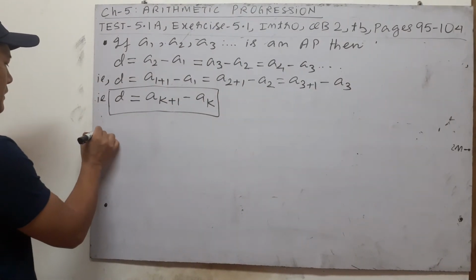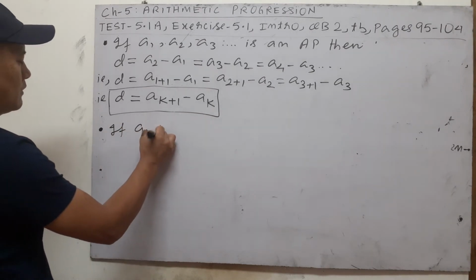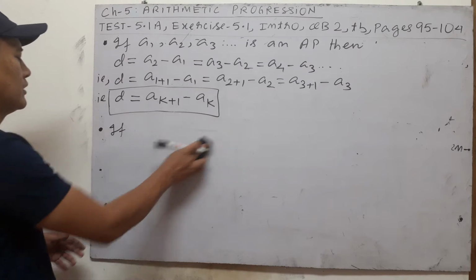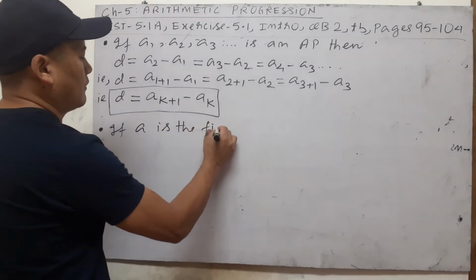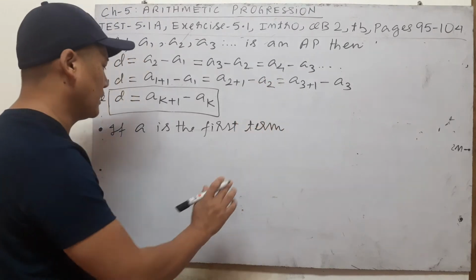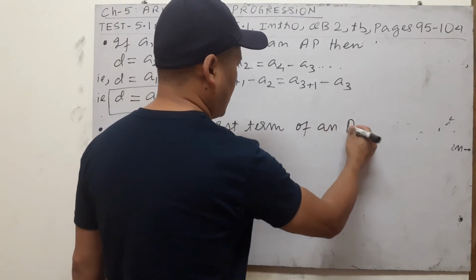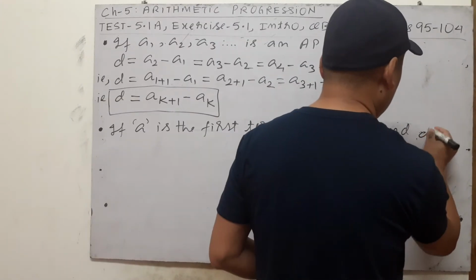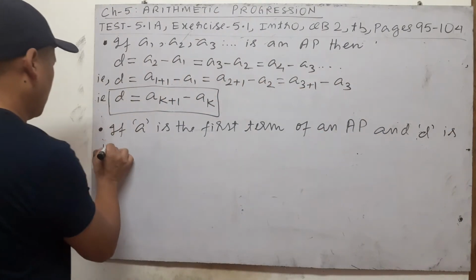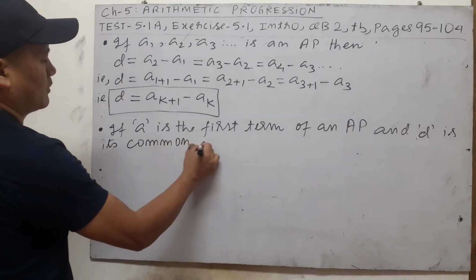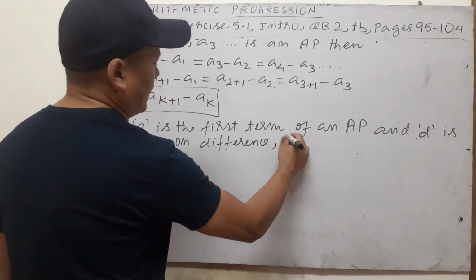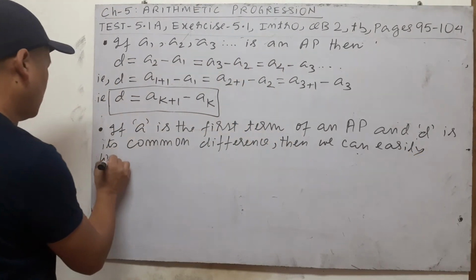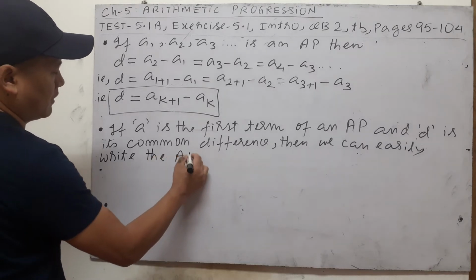The next important formula that we need to keep in mind is, if A is the first term of an AP and D is its common difference, then we can easily write the AP without any problem.